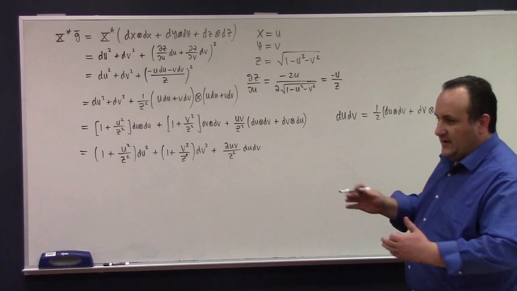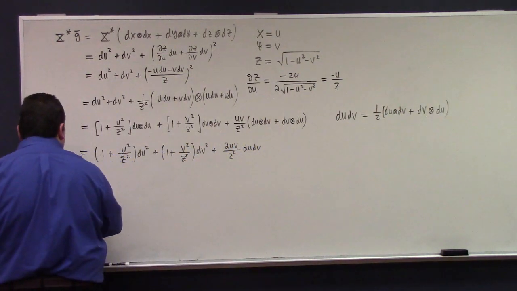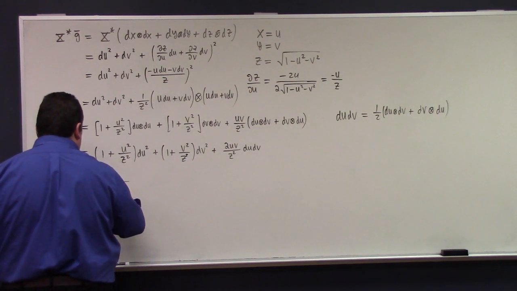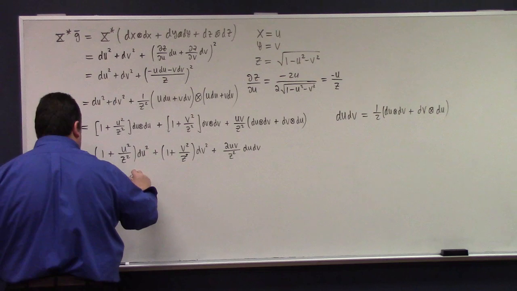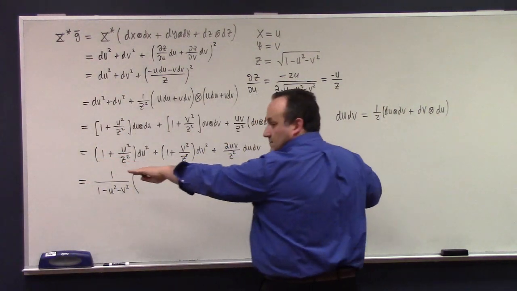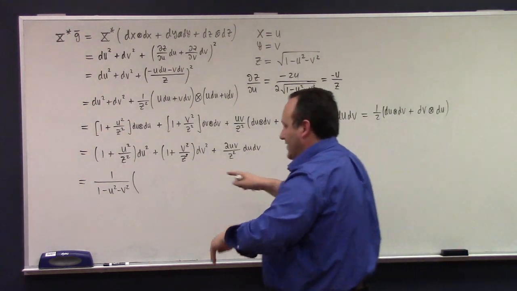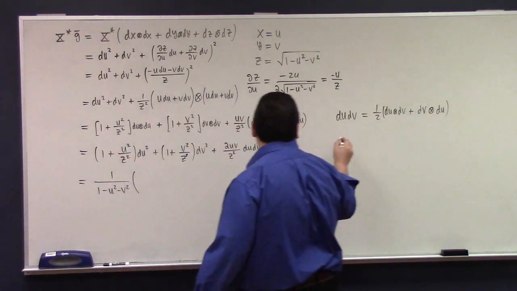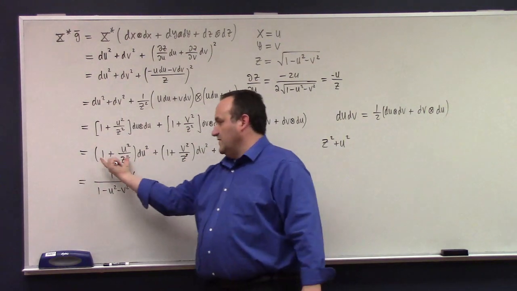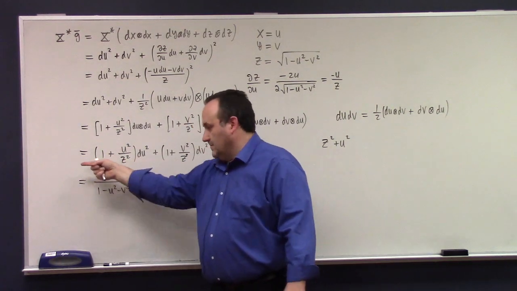If I pull a z squared out of everything, what do I got? I can put a 1 over 1 minus u squared minus v squared, right? I'm going to factor it out of everything. Okay, everything. So when I do that, this term becomes z squared plus u squared if I factor out the z squared in the denominator.